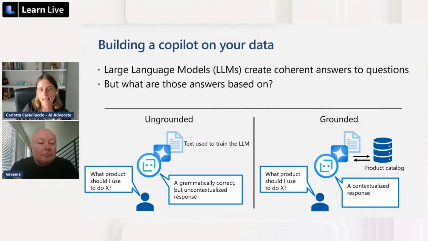But as I mentioned, one prevalent challenge when implementing language models is really groundedness, which refers to whether a response is basically rooted, connected, or anchored in reality or to a specific context. In other words, groundedness refers to whether the response of a language model is based on factual information.